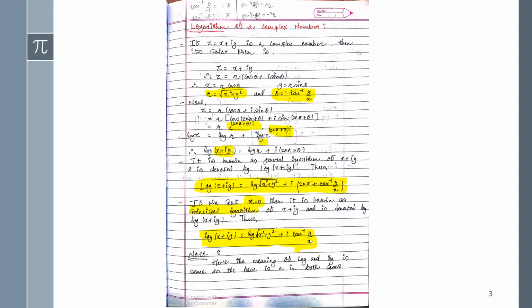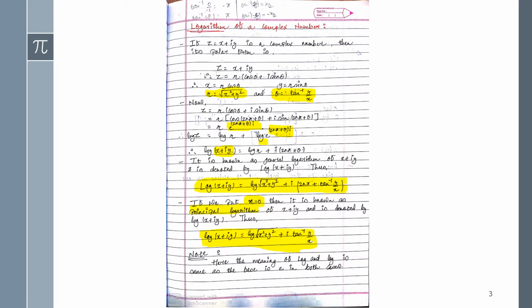So there are two kinds of formulas, one is the general and the other one is the principal logarithm. In most examples we are going to apply the principal logarithm formula only, and in the rest of the examples in which we have to find or prove some kind of terms of n, at that time we will apply this general formula.